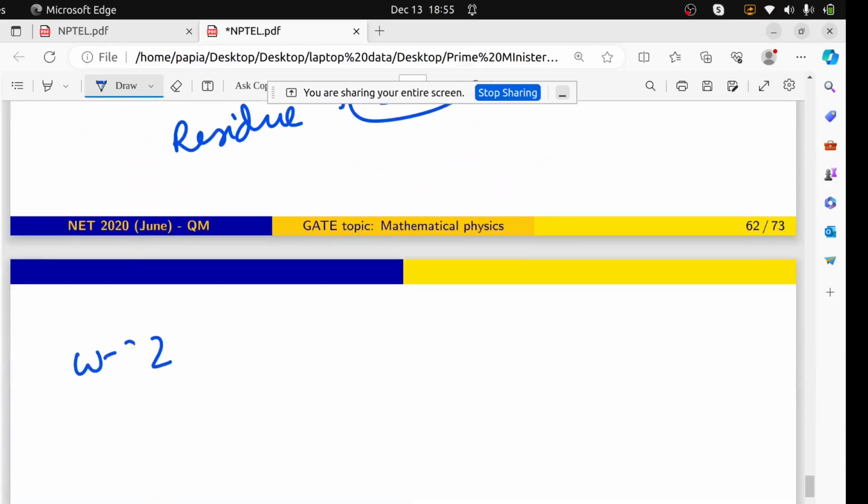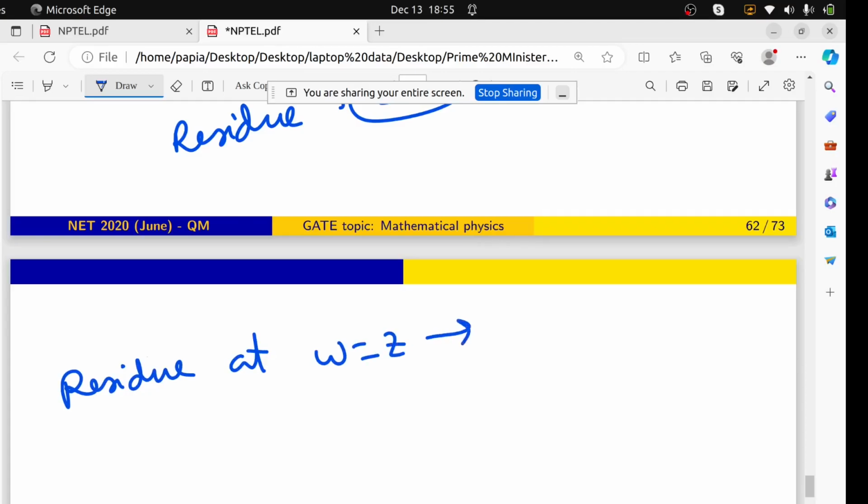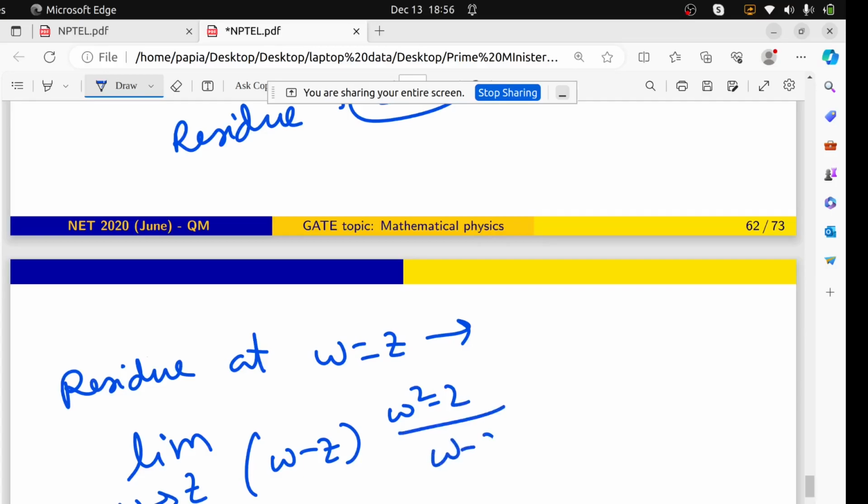The residue at w equals z point is the limit as w tends to z of (w minus z) times (w square minus 2) by (w minus z).